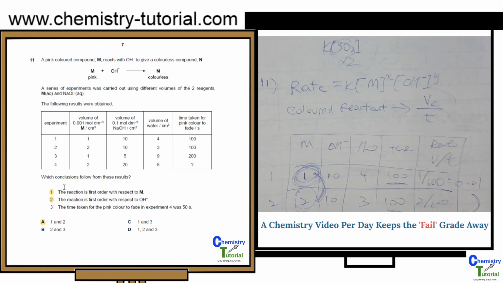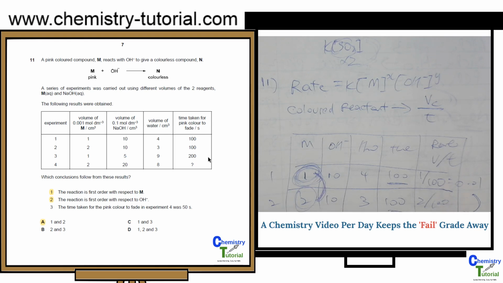Is the reaction first order with respect to OH minus? Well, you notice that we can just compare experiment 1 and 3. When your volume doubles from 5 to 10, the rate actually halves.